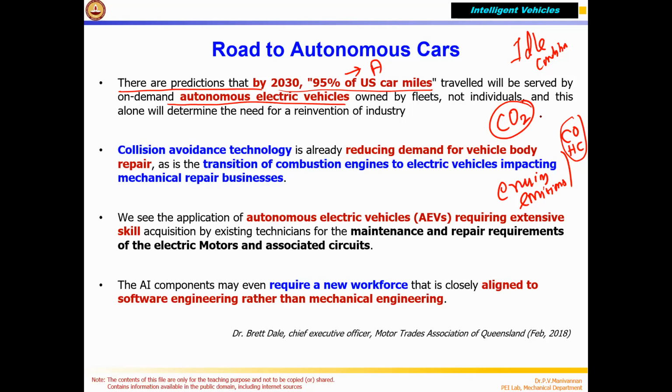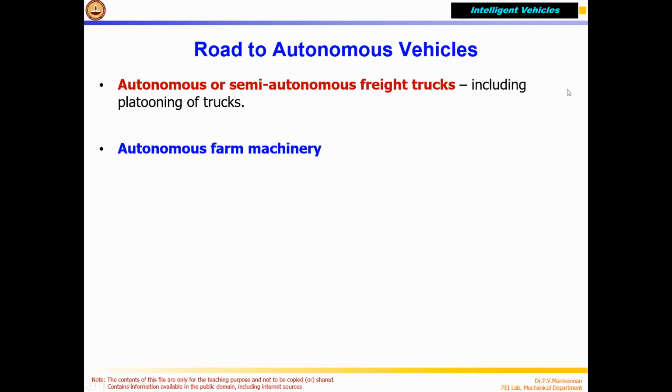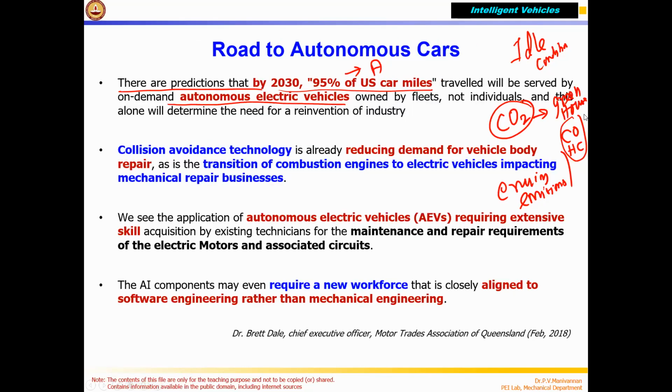Correct? CO2 is not good because it is a greenhouse gas. Because of that pollution, global warming happens and ice melts. Just last week we saw the Himalayan glacier, the Nanda Devi glacier, suddenly burst.